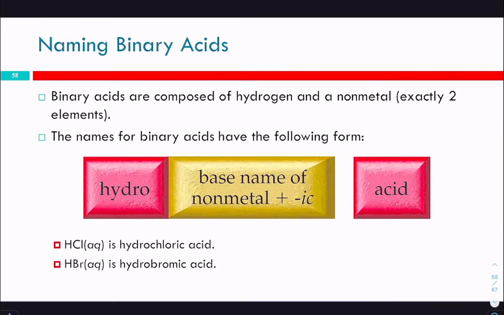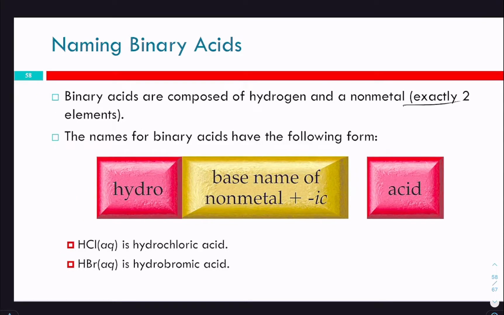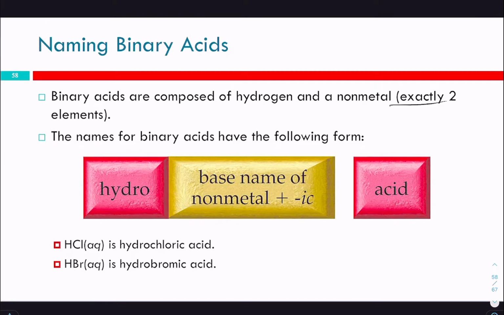So binary acids, you start with identifying that there's a hydrogen first, and that there's only one type of nonmetal second, so exactly 2 elements. Hydro is the prefix for binary acids. Then it's the base name of the nonmetal plus IC.